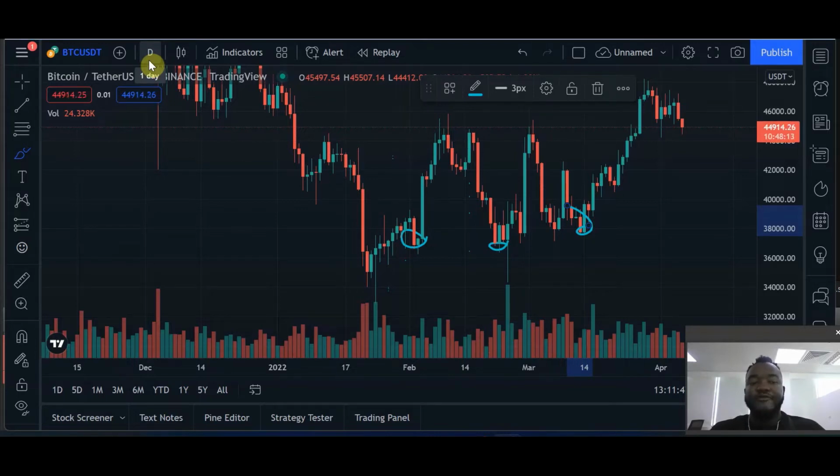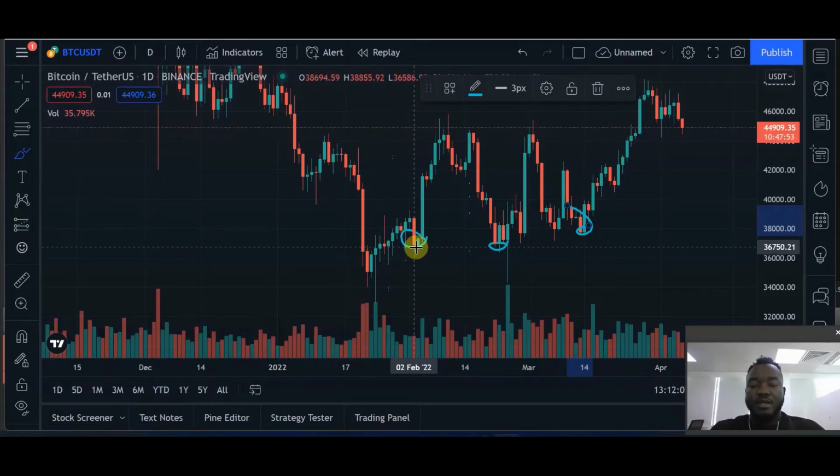Using the 4-hour chart you determine a lower time frame, but the higher the time frame, the stronger your prediction will be. Now I want to show you from here.